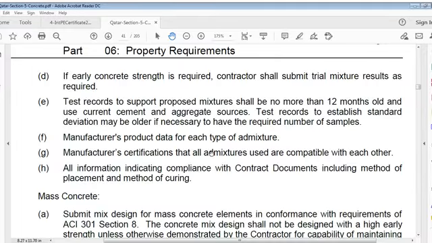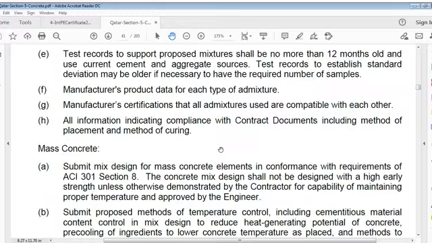Manufacturer's product data for each type of mixture. Manufacturer certification that all admixtures used are compatible with each other. All information indicating compliance with contract documents, including method of placement and method of curing.